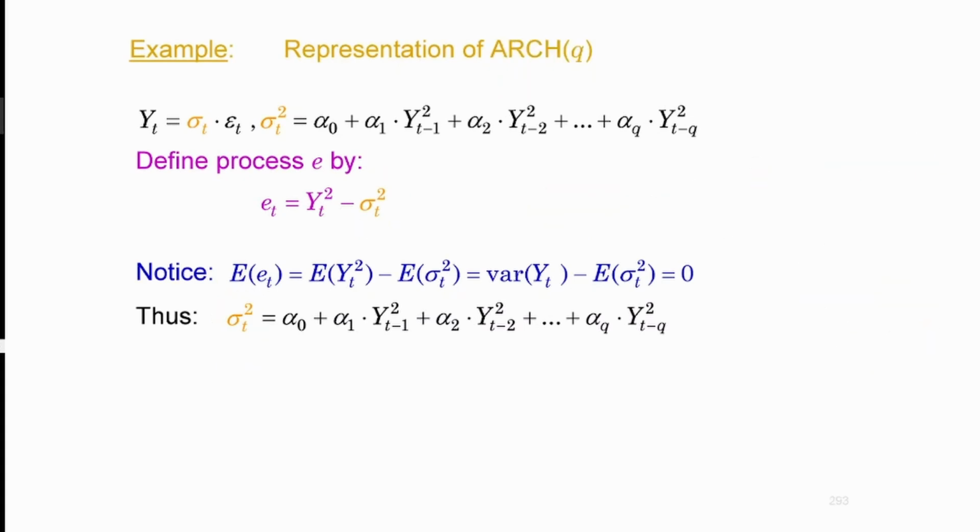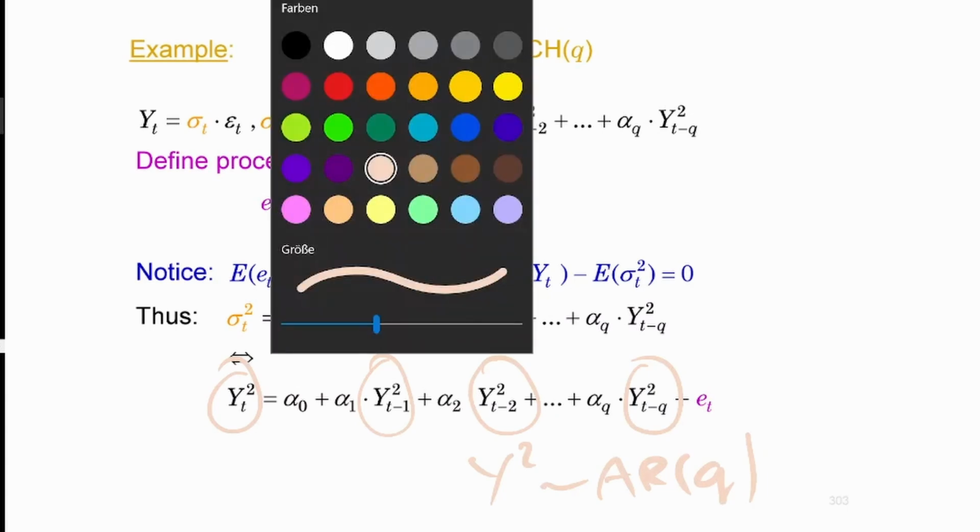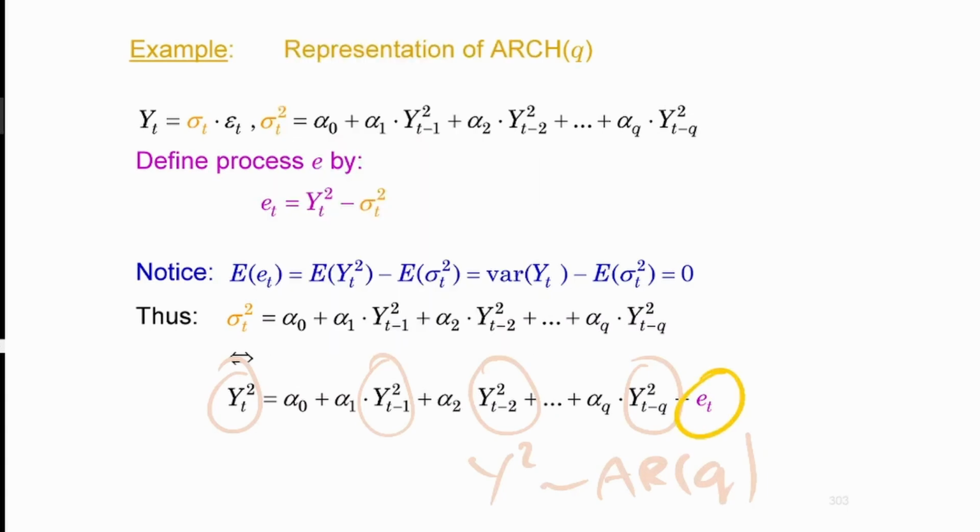Anyways, if you substitute and rearrange the whole thing, you're going to find an autoregressive structure for the squares. Keep in mind, this is basically an AR process of the squares, if you consider that one to be a pseudo noise.